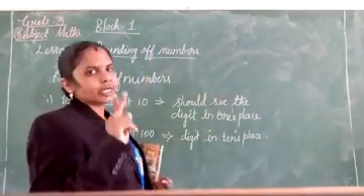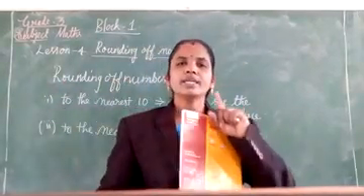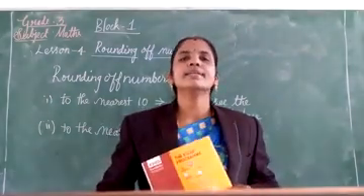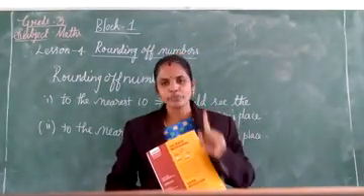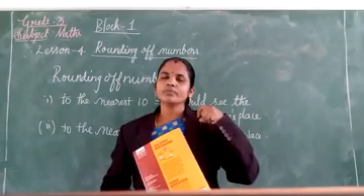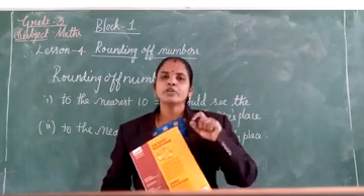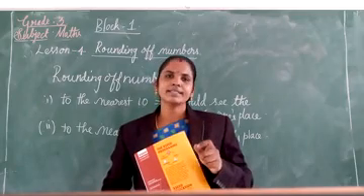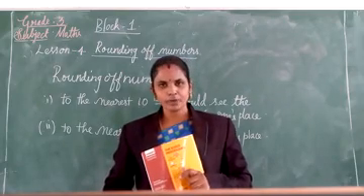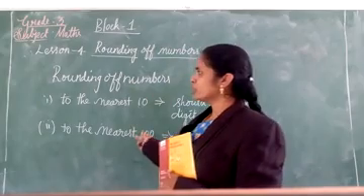Okay, these are the two conditions. One is to the nearest 10, we should see the digit in the place of ones. For rounding of the number to the nearest 100, we should see the digit in the tens place. So these are the two rules.